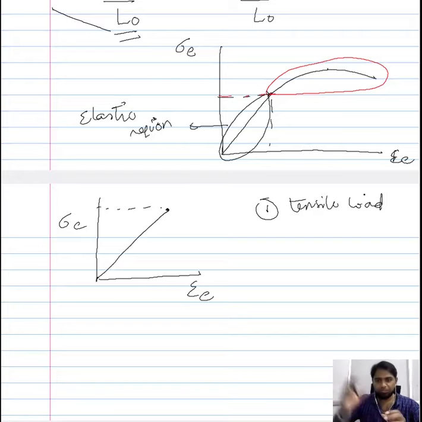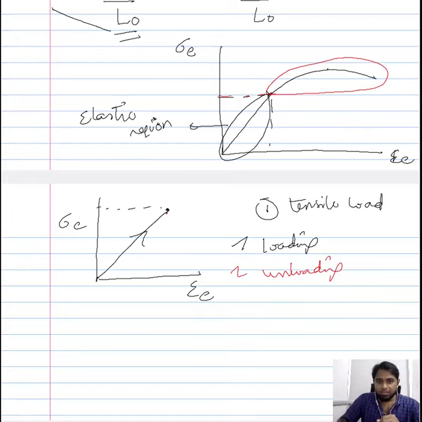And now after a certain point within the elastic region, I begin to unload. Now what I would observe is the curve would trace its path. If the black arrow represents loading, and the red arrow represents unloading, the deformation, if I calculate the decrease in the dimension of the material while unloading, would follow a similar path, and ultimately I will end up with the initial state of the material.